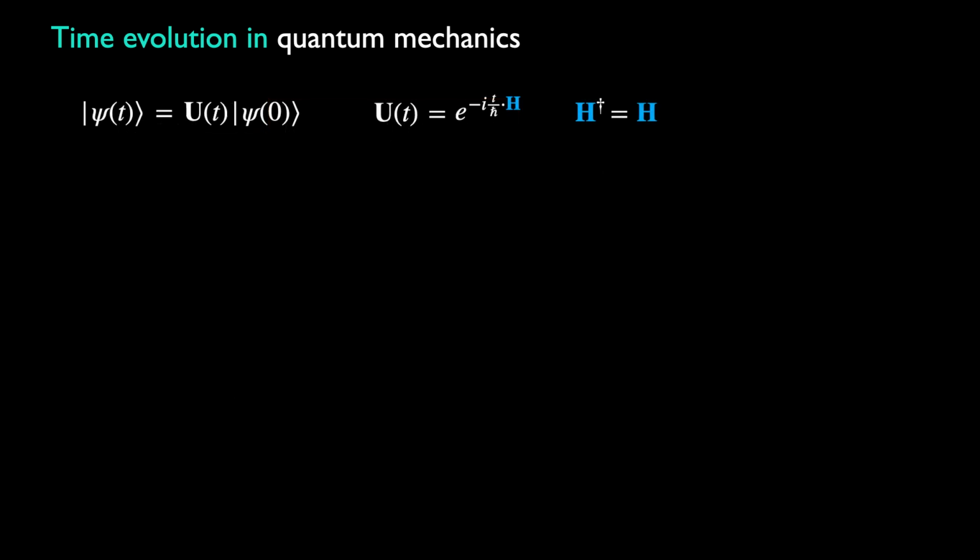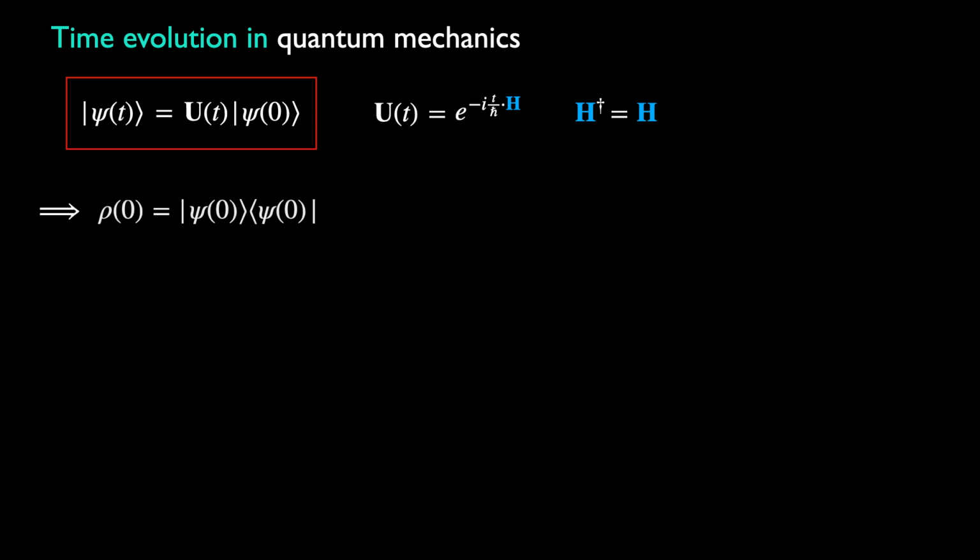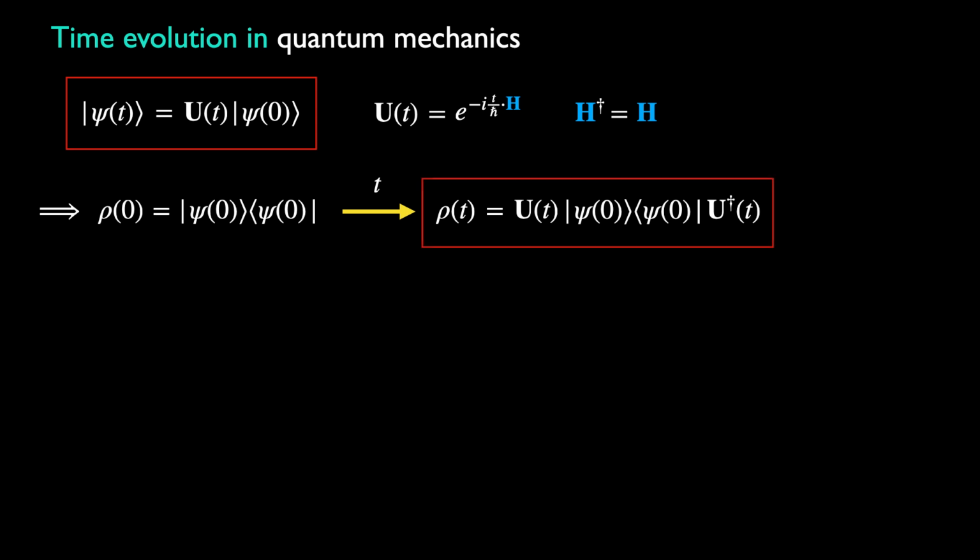Now that we know how a state vector evolves in time, we can apply this directly to the statistical operator. This extends directly to an ensemble.